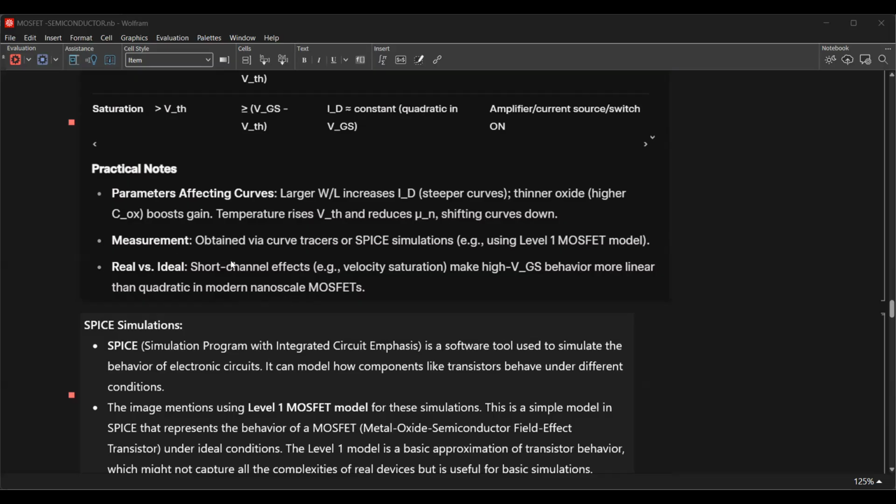For the measurement, it is obtained via curve tracers or SPICE simulations using the level 1 MOSFET model. Real versus ideal: short channel effects, velocity saturation, make high VGS behavior more linear than quadratic in modern nanoscale MOSFETs.